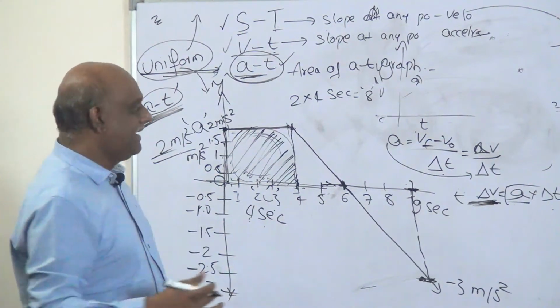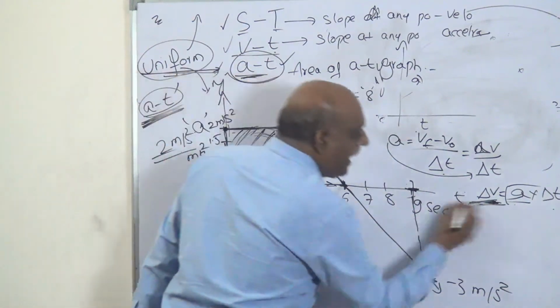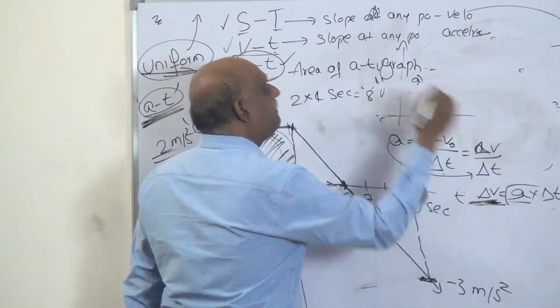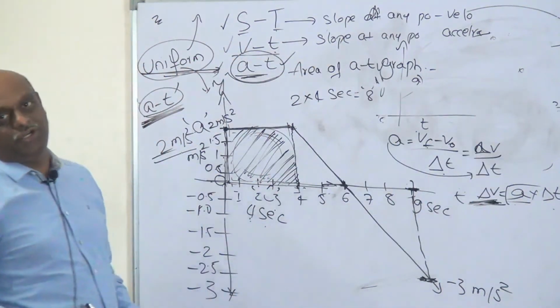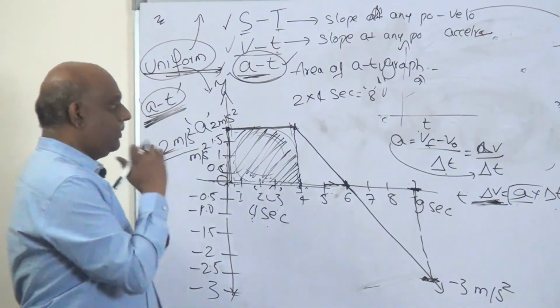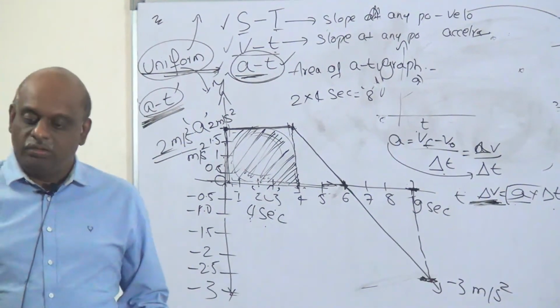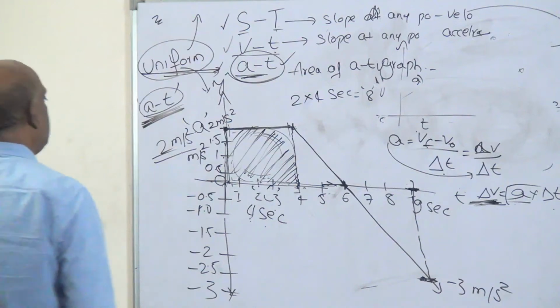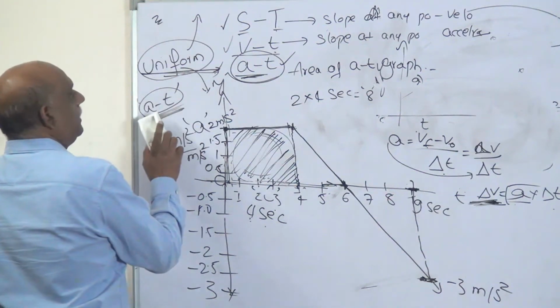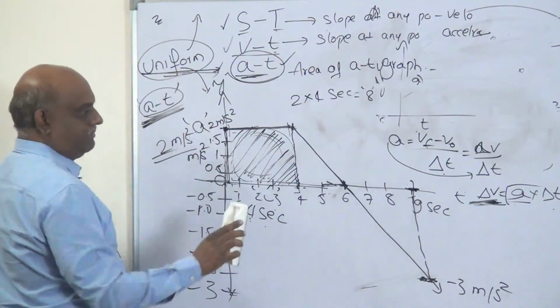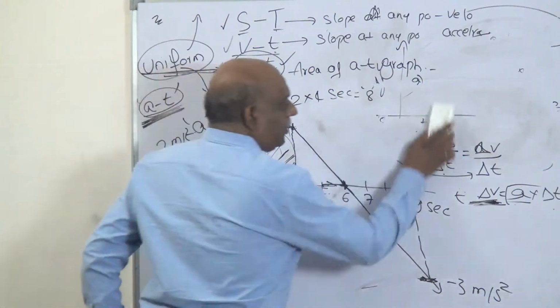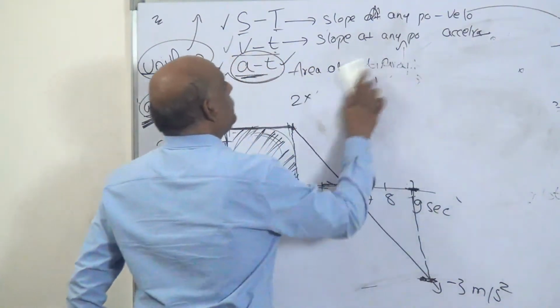What is your answer? It is to find the change in the velocity over a period of time, is what you should remember. Now, I'll give you one typical problem. I think you have a clear mental picture on all this part of the story.